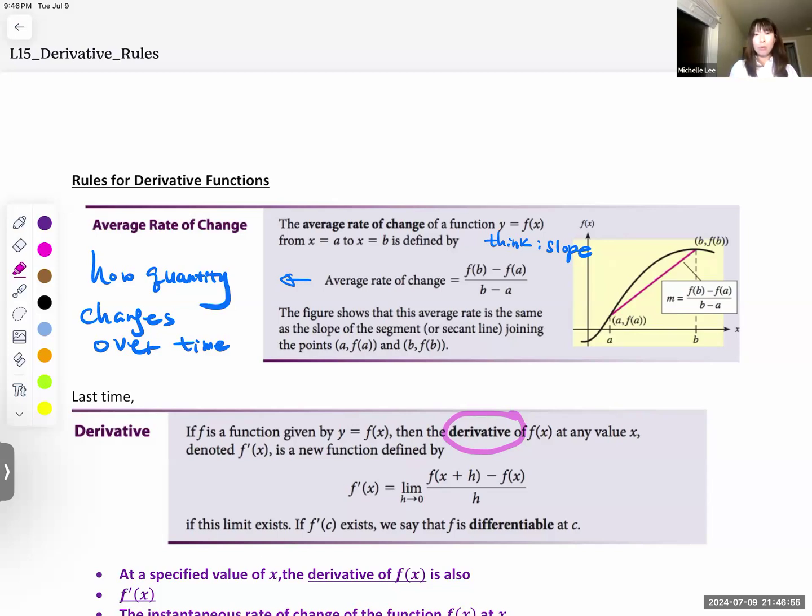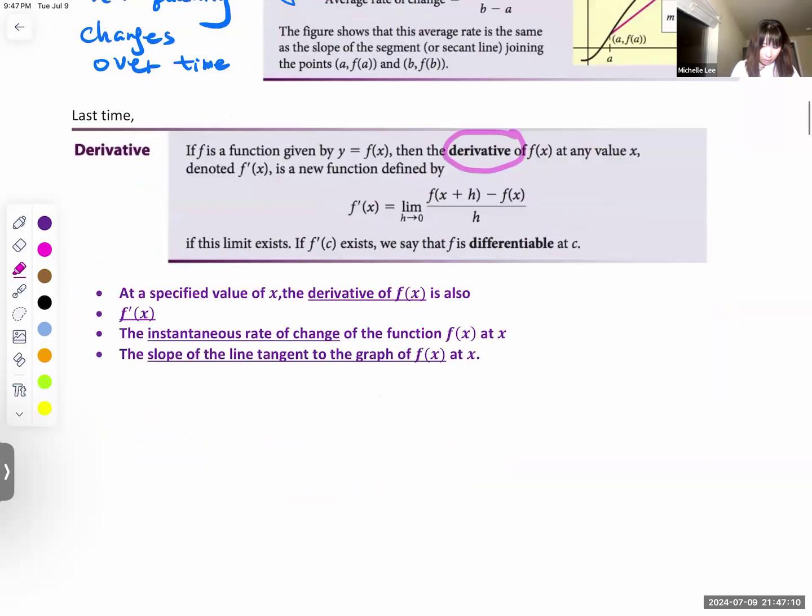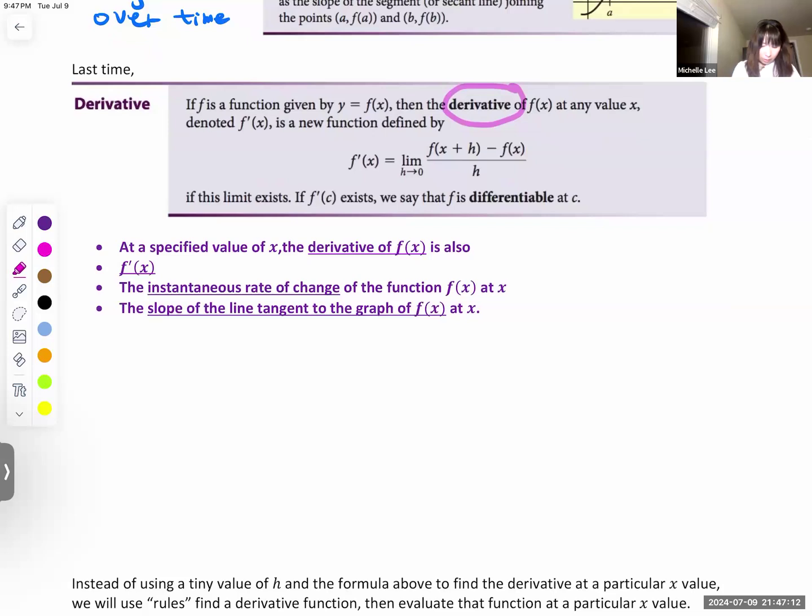Okay, today we learn the rules of derivative of functions. So before we do that, derivative, same as differentiable at c, and derivative of a function.